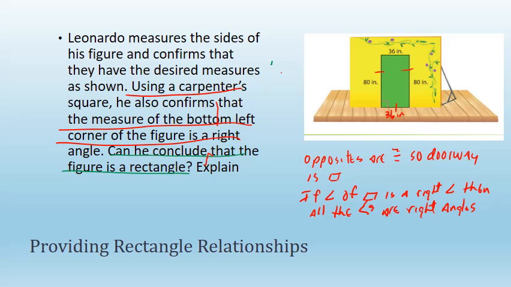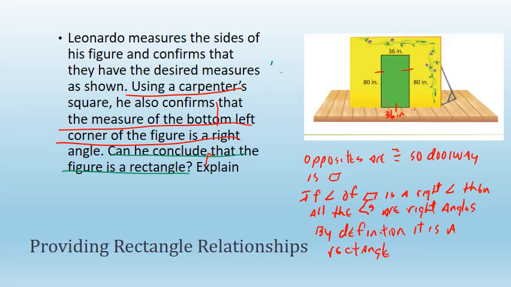And so by definition, if all the angles in the doorway are right angles and all the opposite sides are congruent, and it is a parallelogram, so by definition, since all the angles are right angles, it is a rectangle.